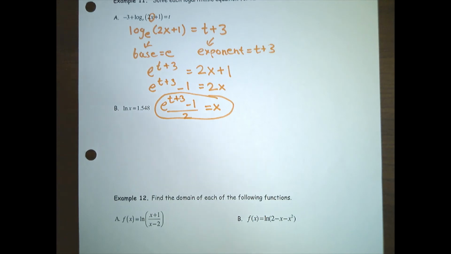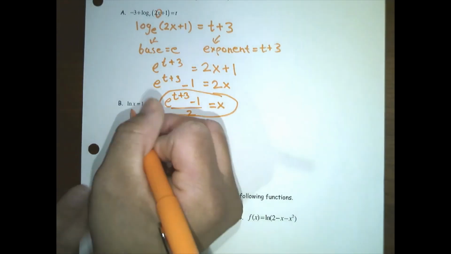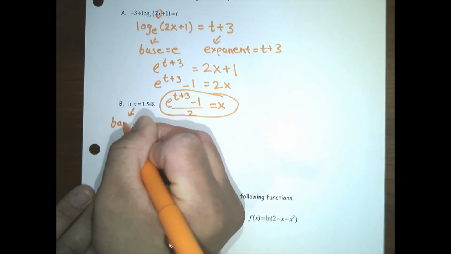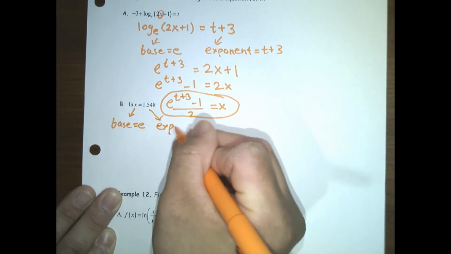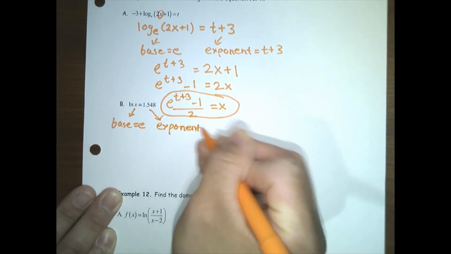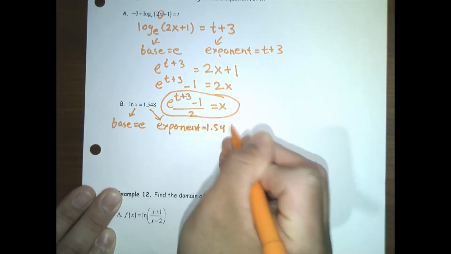All right, next one. Natural log, or ln of x, is equal to 1.548. Again, the base is not given, so the base will be e, and the exponent will be 1.548.